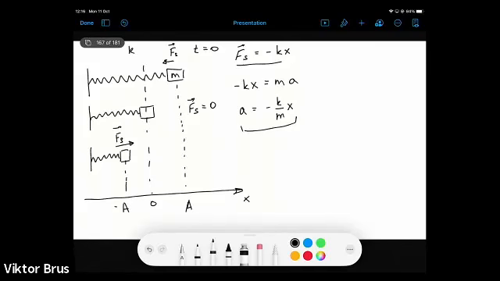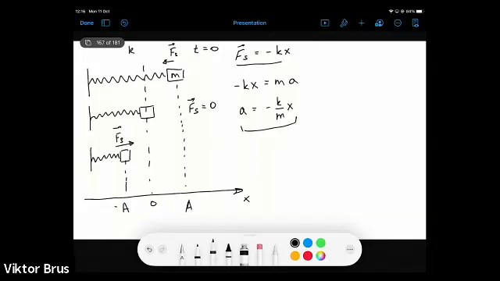So technically, this is the description of a simple harmonic motion. In order to realize simple harmonic motion, the conditions of this motion should satisfy this equation. So acceleration should be proportional to the displacement, and the direction of the acceleration should be opposite to the displacement.